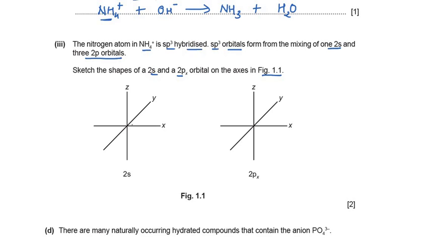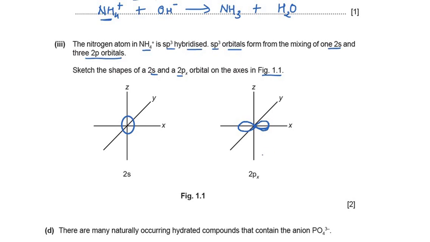Now if we are talking about 2s, there is a spherical orbital at the center of these three axes. So this is a 2s orbital and 2p orbital. Now they are talking about px. So on the x-axis there is a dumbbell shape orbital and that is called 2p orbital.